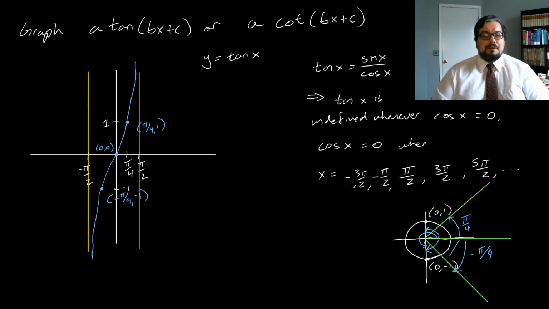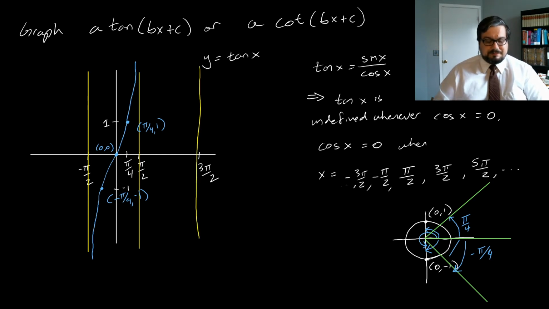Now, this is only one branch of the graph of tangent, and in fact, it's repeated. The period of tangent is pi, and this is where tangent is different from sine and cosine. Sine and cosine each have a period of 2 pi.